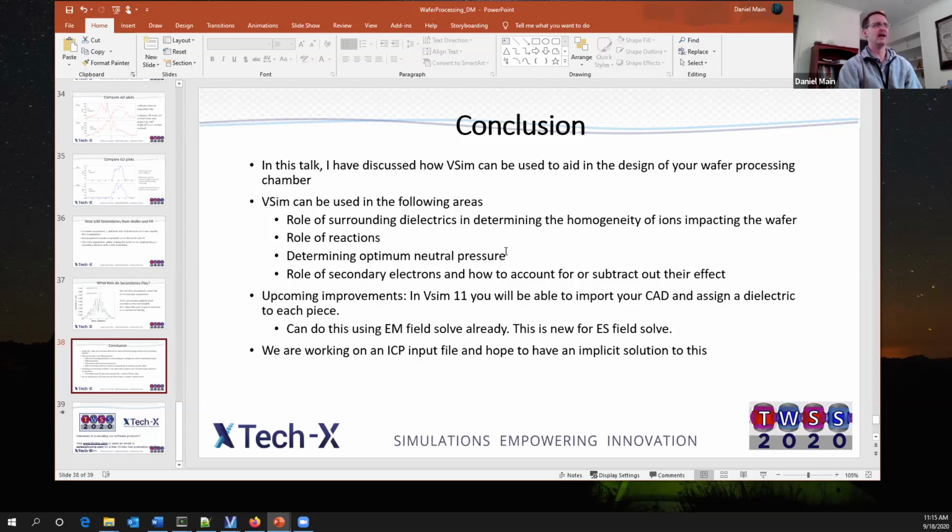So we are adding that in 11. At least that's for the electrostatic solve. It's always been there for the electromagnetic. And we are working on ICP. We're hoping to make some good progress there, so that if a user wanted to, they could do the whole chamber in 2D. So we're doing it in 2D for now.